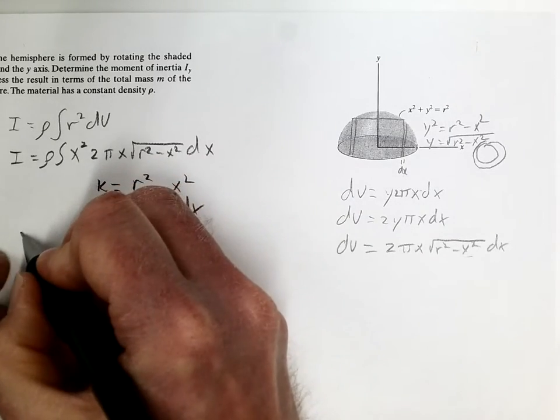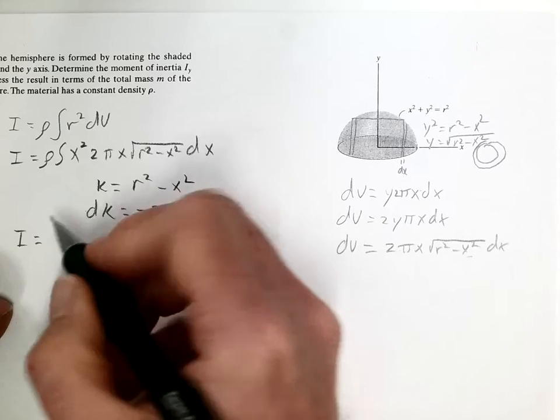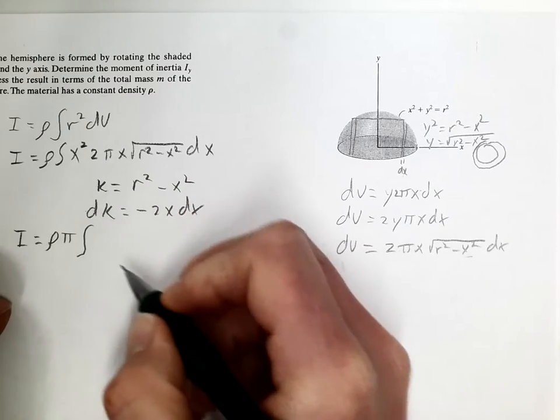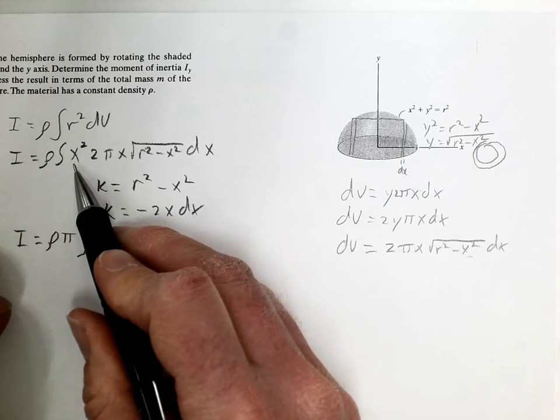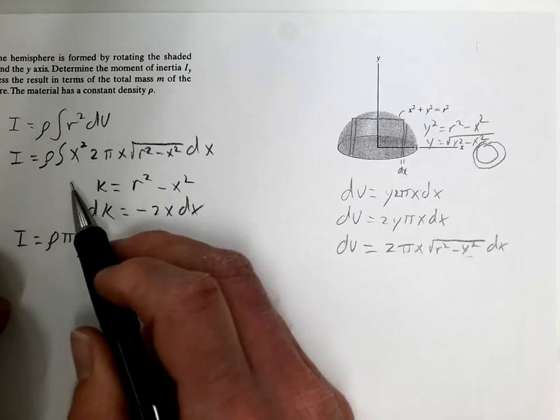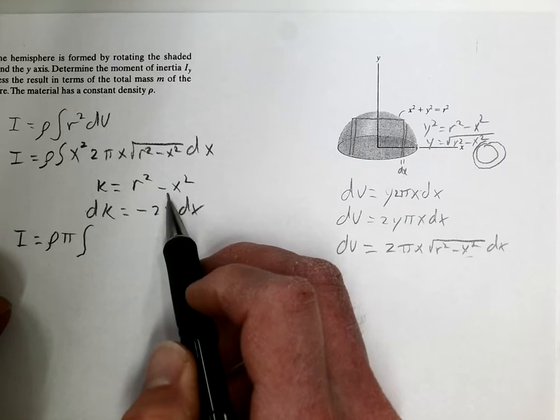So rewriting the equation, I equals, we'll bring pi out as a constant, so rho pi integral x squared, and that is going to be right here.